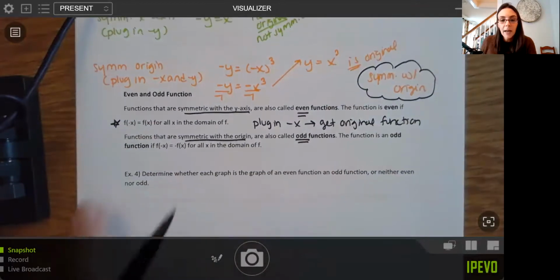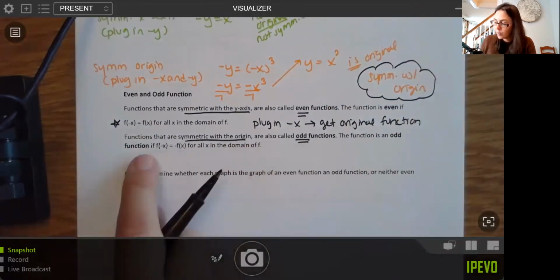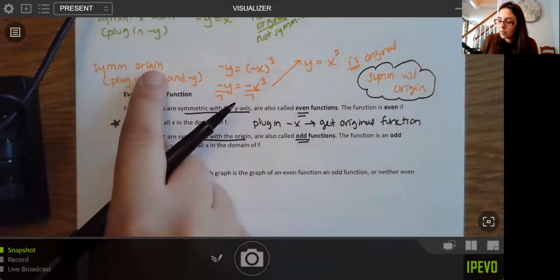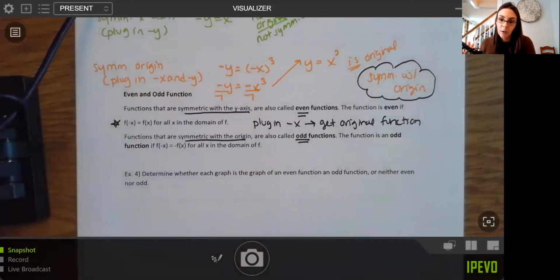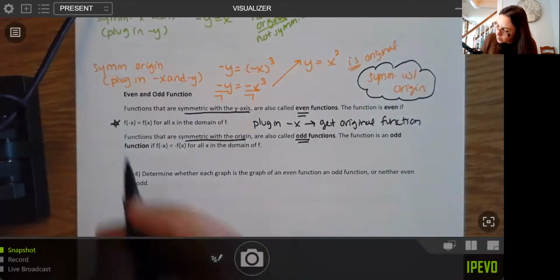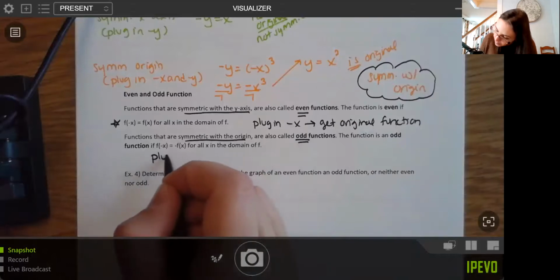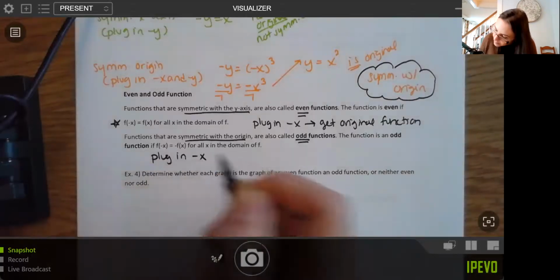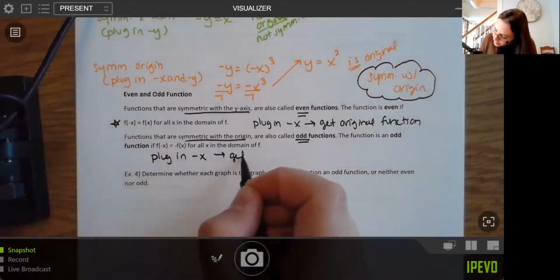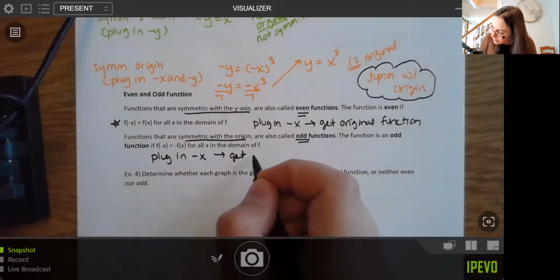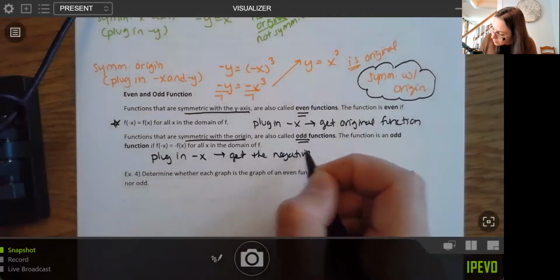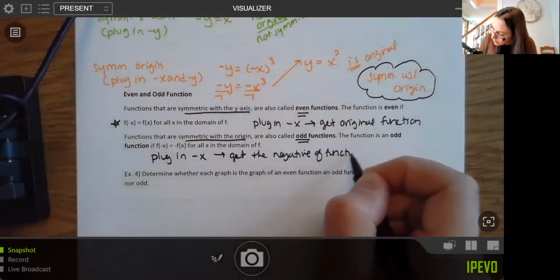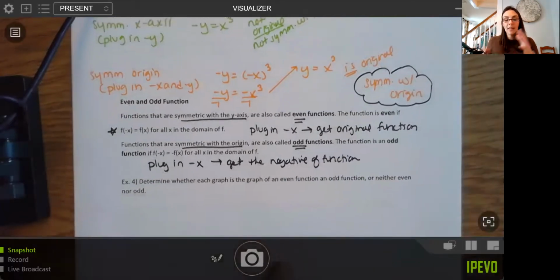Now with odd functions, you're looking at symmetry with the origin. So what happened there is you needed both x and y to be negative to get the original function back out. Another way to think of that is that when you plug in negative x, you get the negative of the function back out because you need the y to be negative.